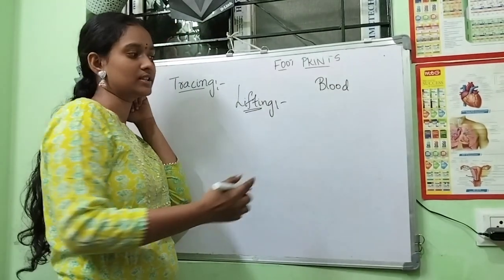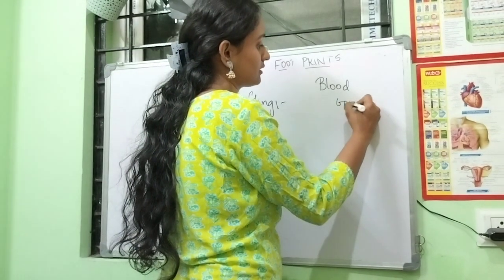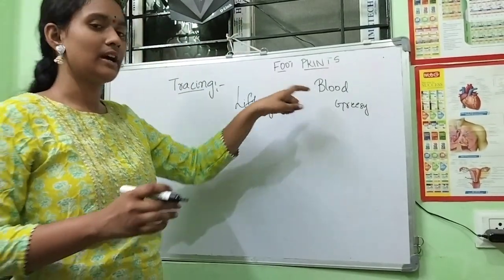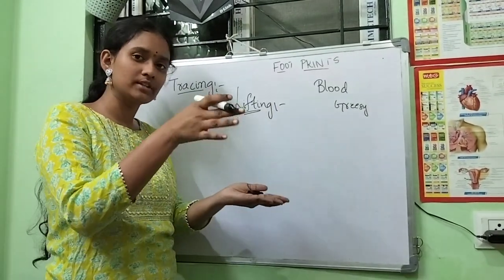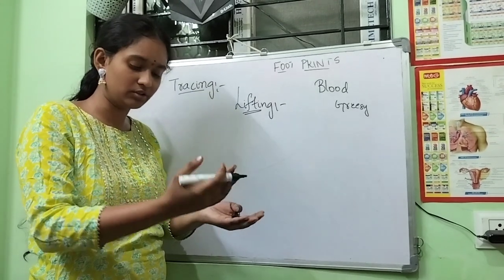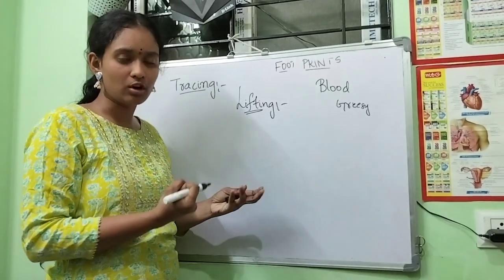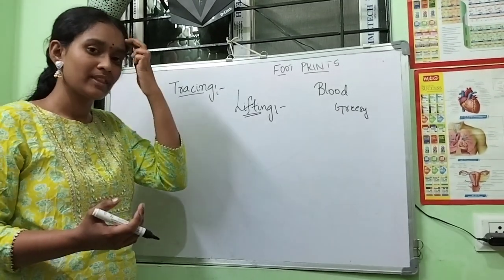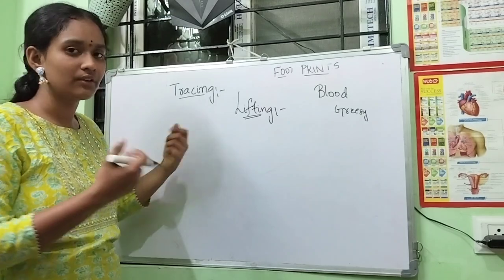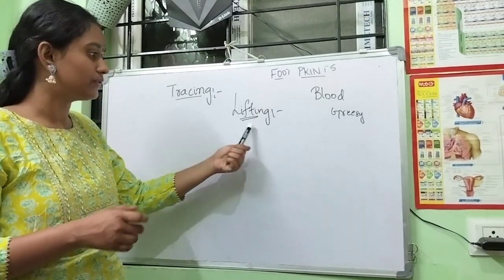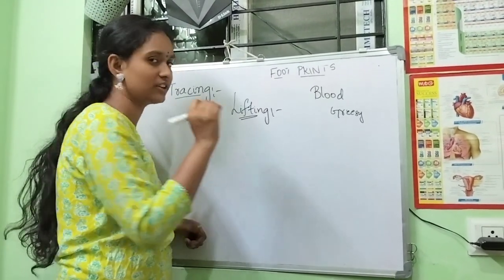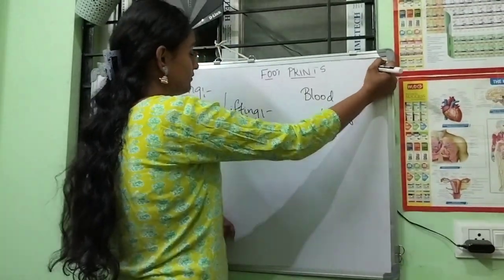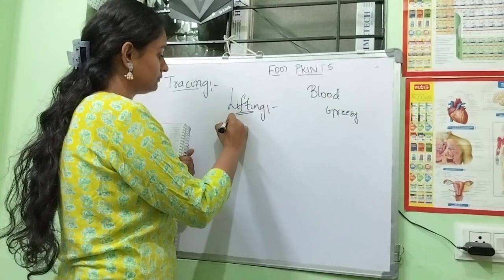So with blood or any type of greasy substances, if he is walking with blood on his foot, that will be absorbed or attached to the floor. So that will make it a very difficult situation to lift the footprint. That's why in the lifting process we have 4 different types of liftings. Let's see what those 4 different types of liftings are.